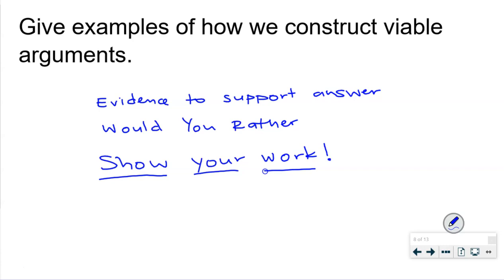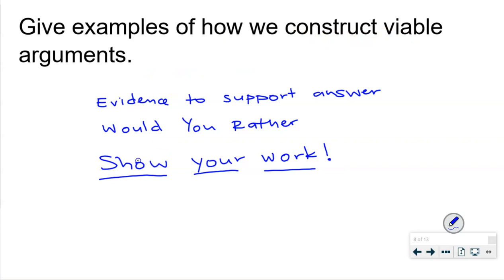And the best way to justify what you've done is to just show what you've done. Show that work. Because if you don't show that work, then you have to write a sentence to explain what you did. And I think it's so much quicker to just show your work than it is to write a whole complete sentence about the things that you did. So showing your work is constructing viable arguments.